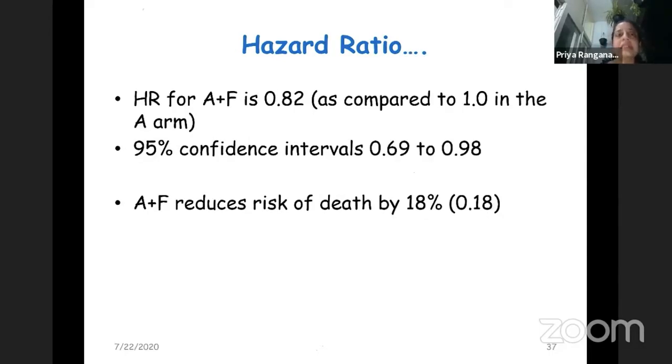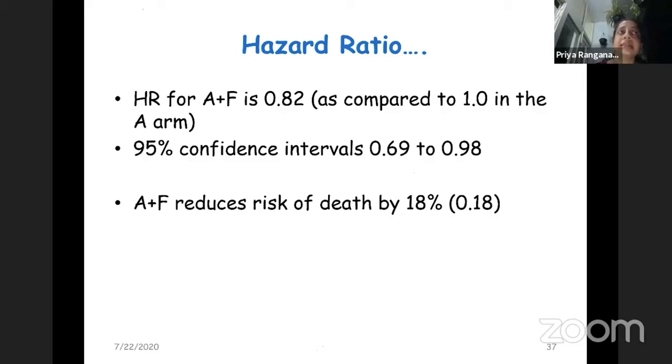For example, in this study, they said the hazard ratio for combination is 0.82. What this means is that if you take the single agent arm to have a risk of 1, then the hazard for the combination is 0.82, which means there is a reduction in the risk of death. They also give you 95% confidence intervals as 0.69 to 0.98.